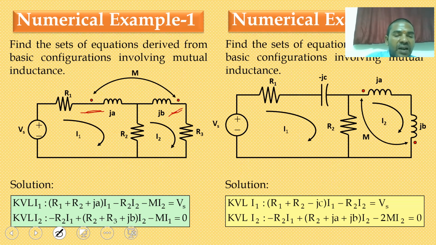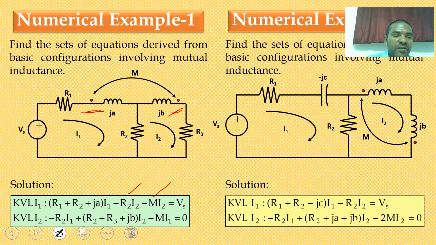I1 current is already calculated, so the I2 current gives minus R2 I2. Then the mutual inductance, I already told: I1 current is at the starting dot, I2 current is at the ending dot, so that must be negative. With respect to the I2 current, minus M I2 is equal to Vs.